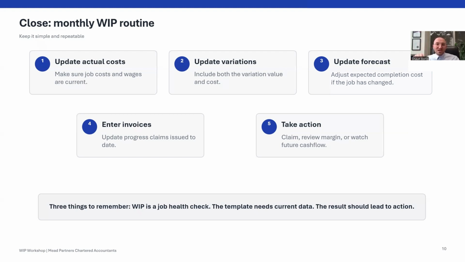So if we're entering all the data correctly, it's going to show if we have overruns, or if our variations aren't producing the same margin as what we originally budgeted. So if we're doing our variations at cost, which is crazy, but I know some builders do it, it's going to bring our margin down on the job. And the template does forecast that as well.